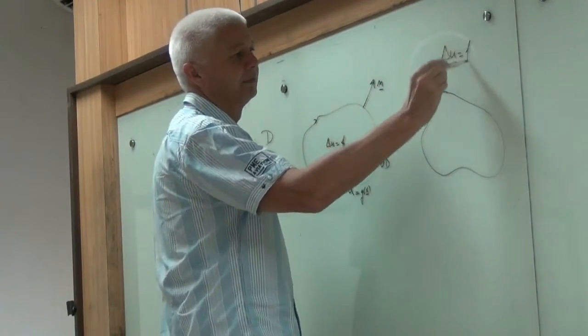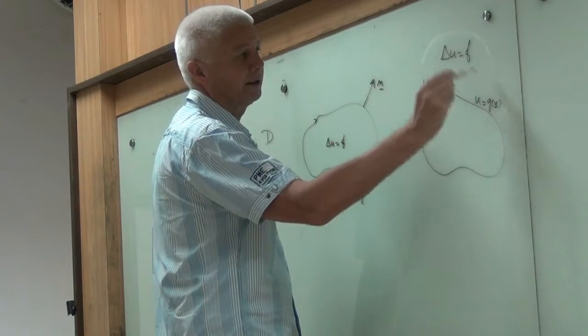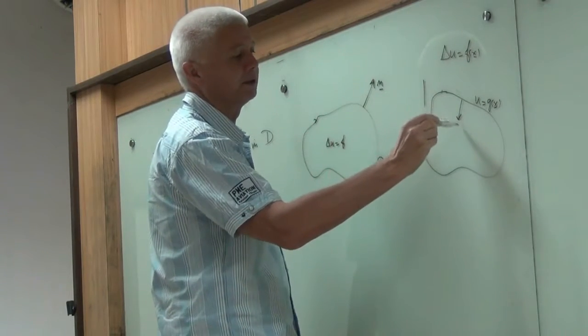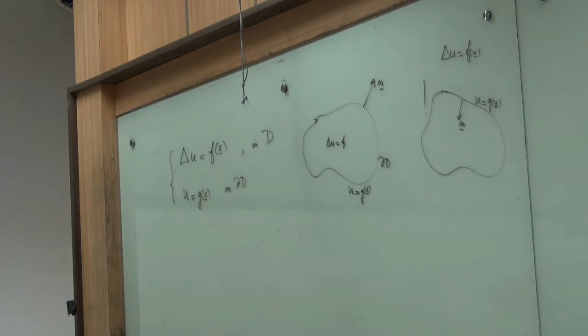Laplace u is f, and u is g(x), and the domain is outside, so the normal vector is in this direction. So you look at the outside. You can also have some kind of region where you heat it up to a special temperature, and then you ask what's the temperature outside. That problem is also solvable.